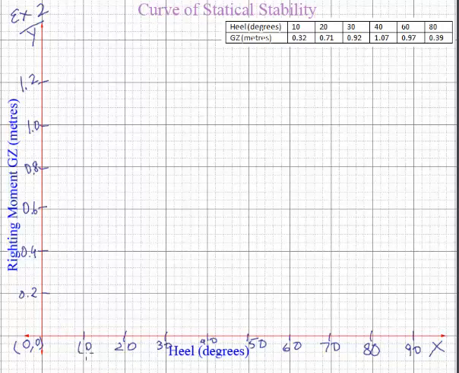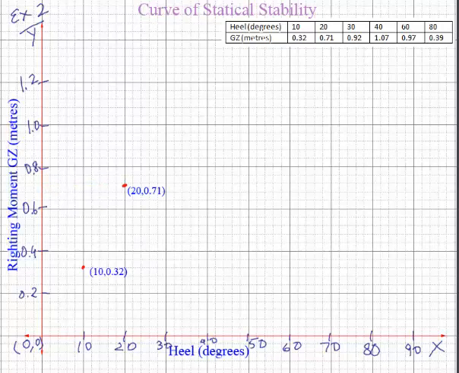So our first point is 10, 0.32. So from the x-axis 10 and from the y-axis 0.32. Next point is 20, 0.71. So 20 from x and up, about in the middle of 0.6 and 0.8, so 0.71.